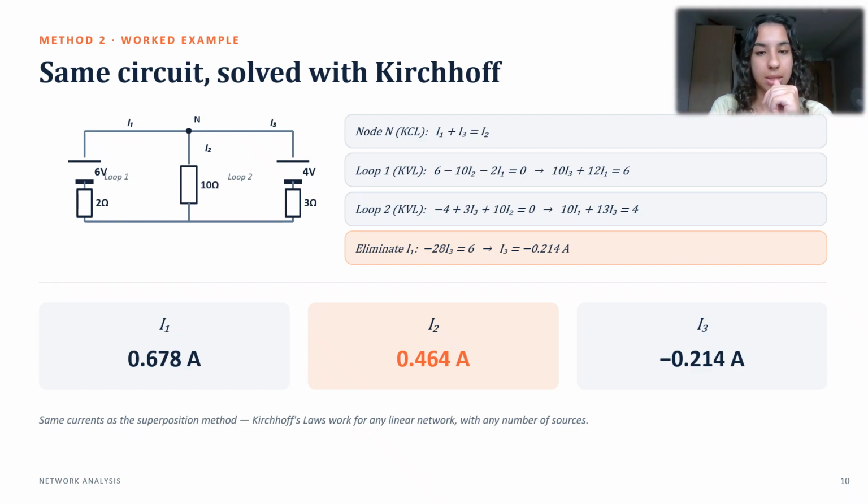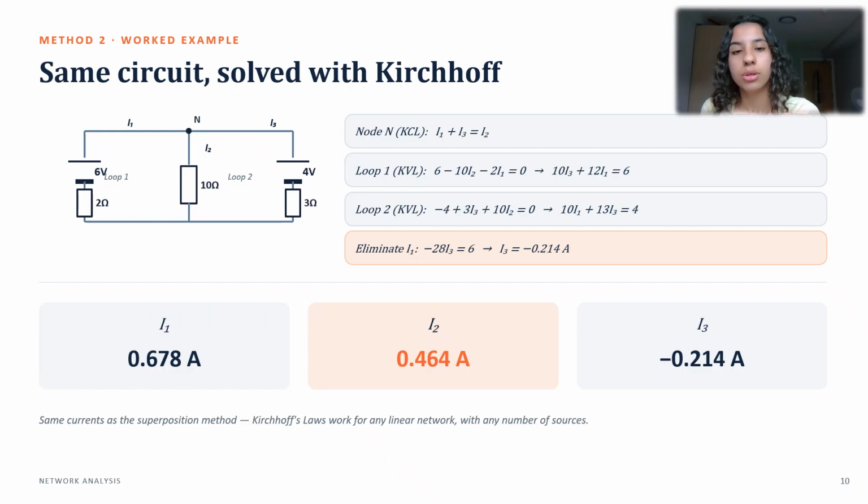And then we use simultaneous equations to get that I1 equals 0.678, I2 equals 0.464, and I3 equals negative 0.214, which are the same answers we got from the superposition theorem.